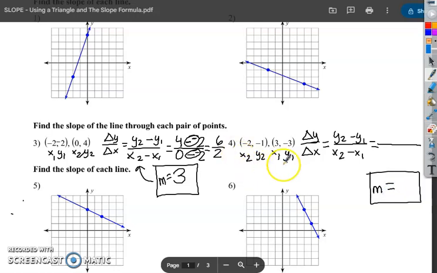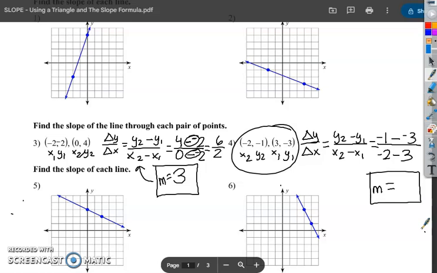When I'm looking at this, the way I've labeled it, y2 is negative 1. Go on and put the minus. y1 is negative 3. x2 is negative 2 minus x1 is 3.